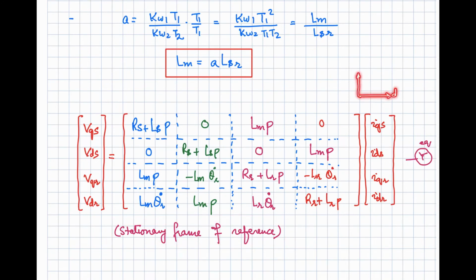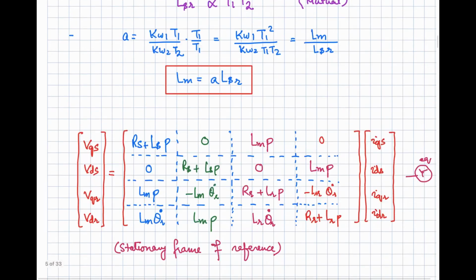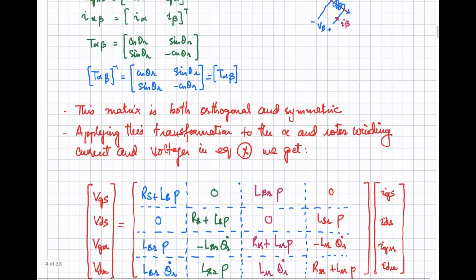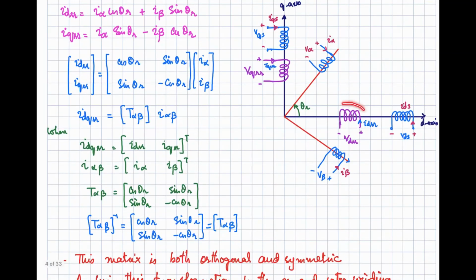The D and Q axes of the stator were fixed, and the D and Q axes of the rotor were fixed because the rotor was translated in terms of stationary windings. Those were the fictitious windings along the D and Q axes of the stator. So all of them are in the fixed frame of reference. Those are not rotating. Now we are going to translate them into an arbitrary frame of reference, which is rotating at speed omega c, right?